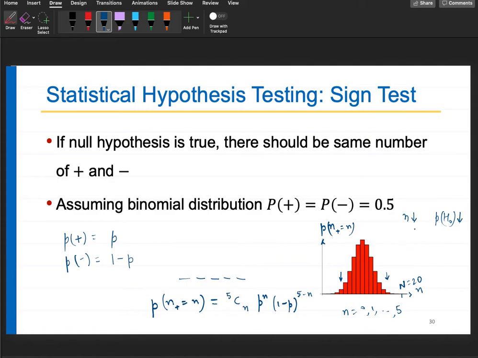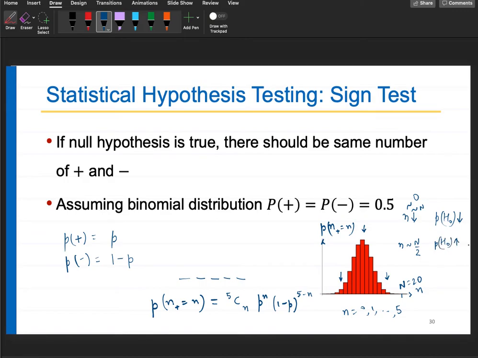Which means if my n is either close to 0 or close to capital N, then my p of h0 will be very small. But if my n is somewhere in the middle, around N by 2, then the probability of the null hypothesis will be very large.